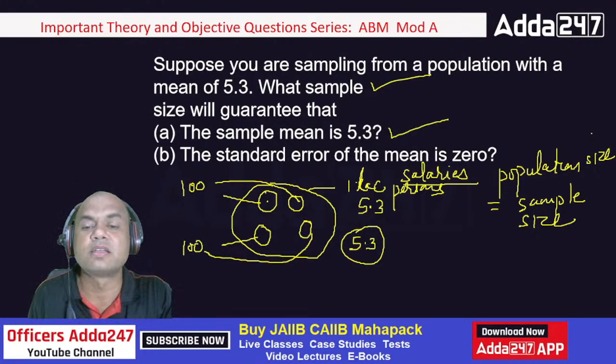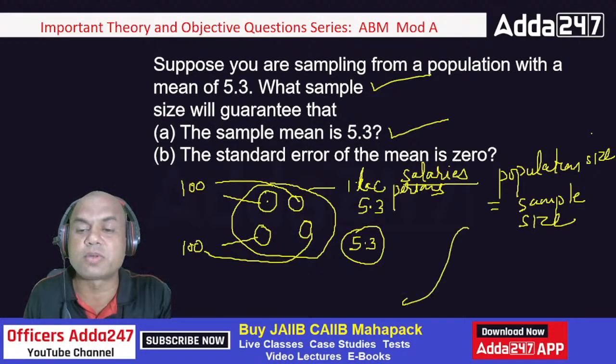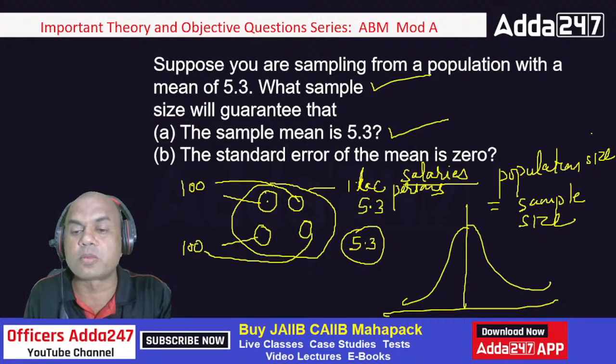What is standard error? Standard error means the difference between the population mean and the sample mean. This is the normal distribution curve. This is the population mean mu, and this is the sample mean x bar, and the standard error is this.